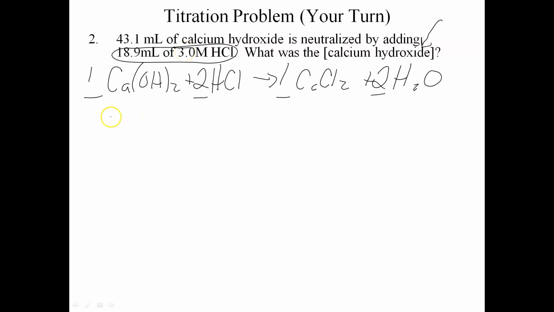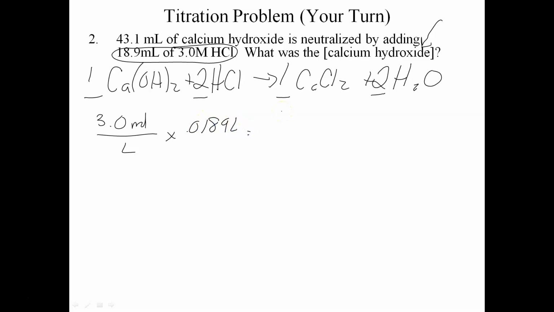So let's figure it out. I have 3 molar HCl, so that's 3.0 moles per liter. Okay, so that's just simple Chem 1 stuff here. Multiply that by the liters of acid, so 18.9 milliliters turns into 0.0189 liters.